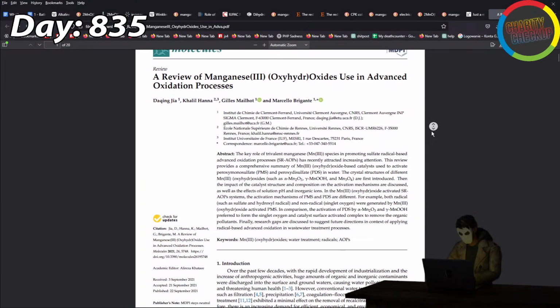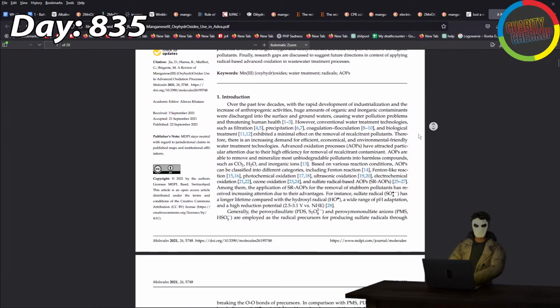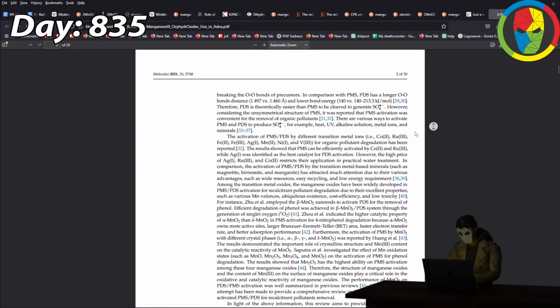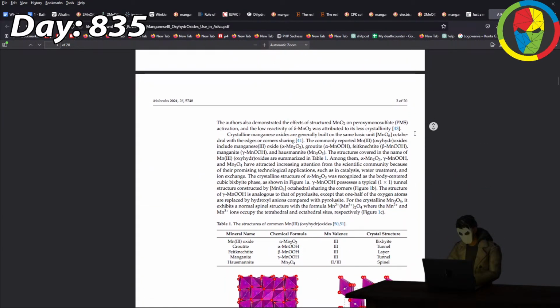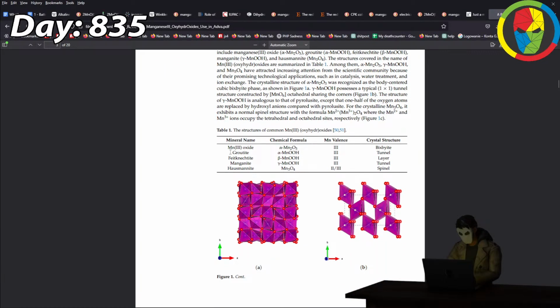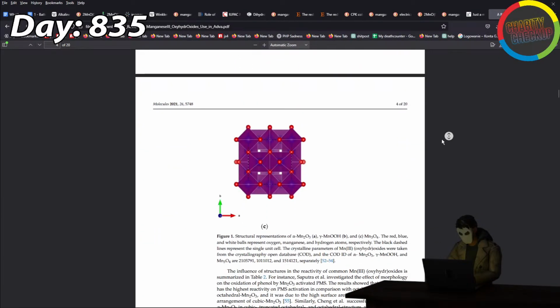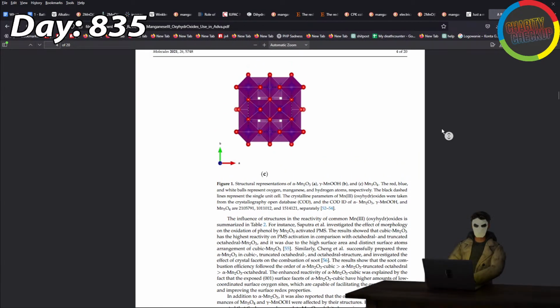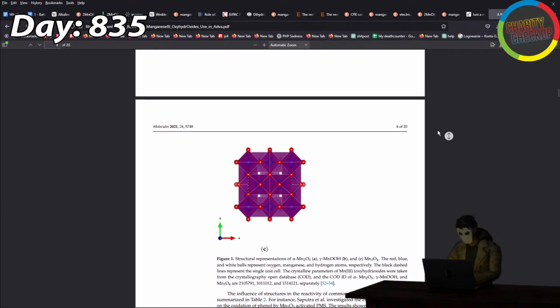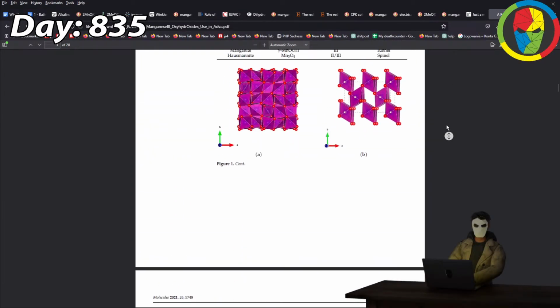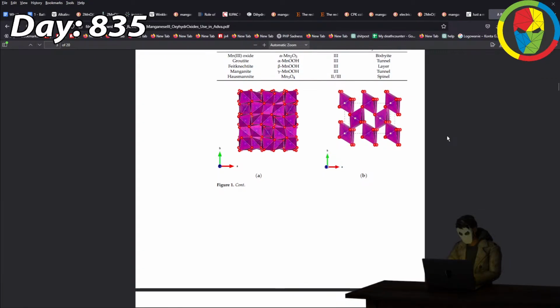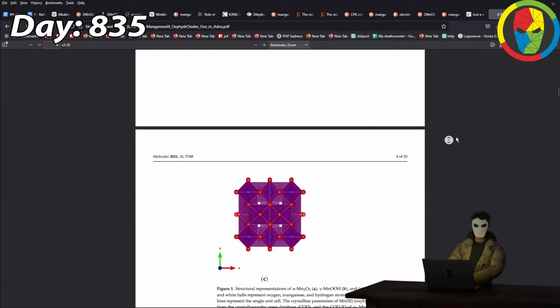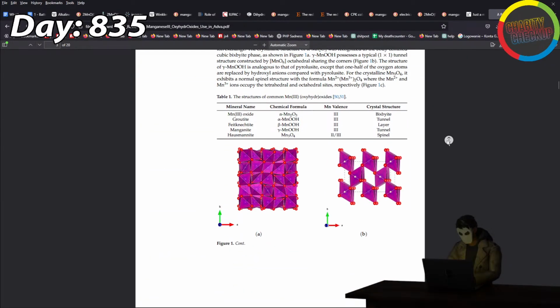There we go. Introduction. Okay, cool. That's all different. The structure and position of red, blue, and white balls represent oxygen. Okay, so we have A, B, and C. The only difference is the orientation, which, albeit we don't care much about, I hope.